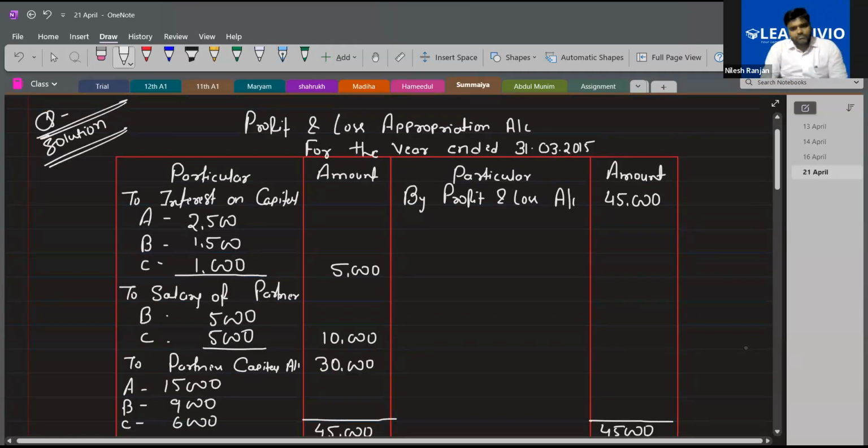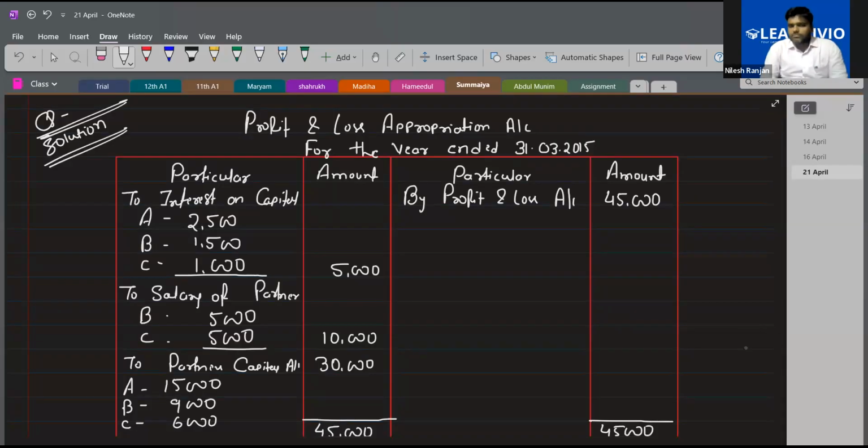How many questions have you solved until now? How many questions have you solved in this chapter?